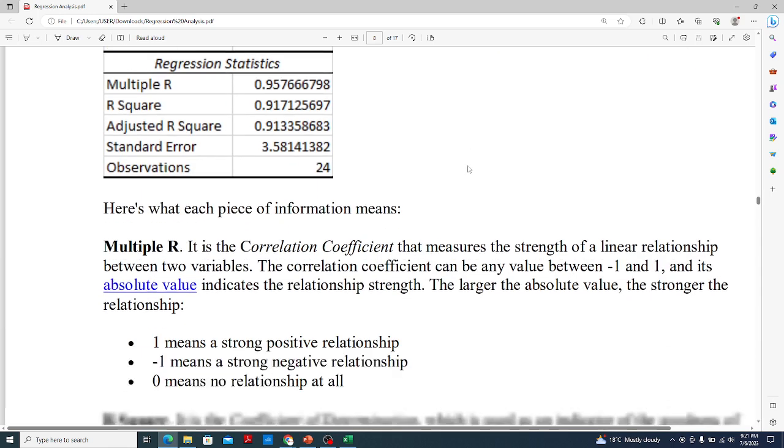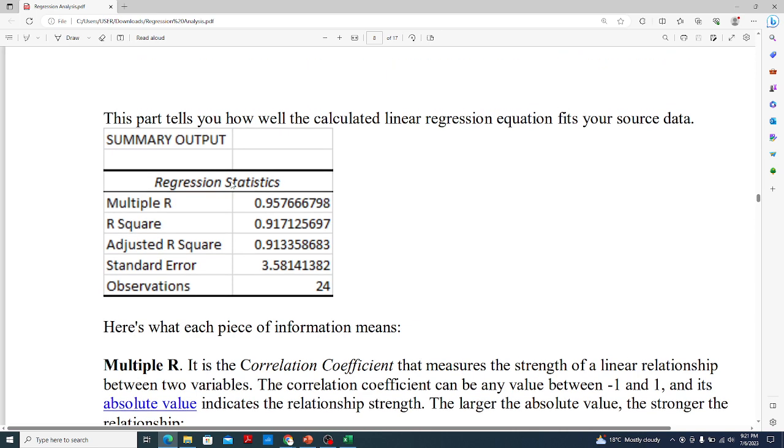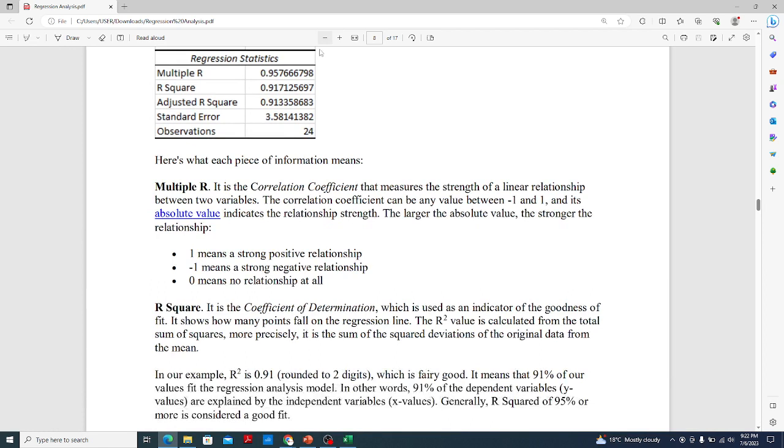Okay, now here is our output. I want us now to discuss the output. We've started with the summary output, all the regression statistics. Now I want us to start with the multiple R. What is multiple R?